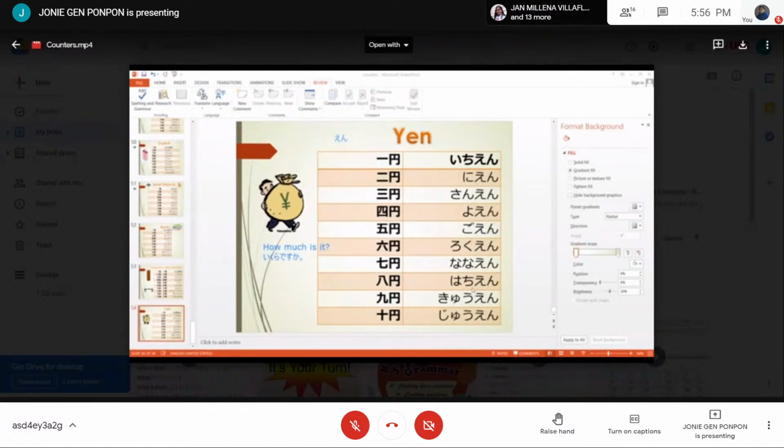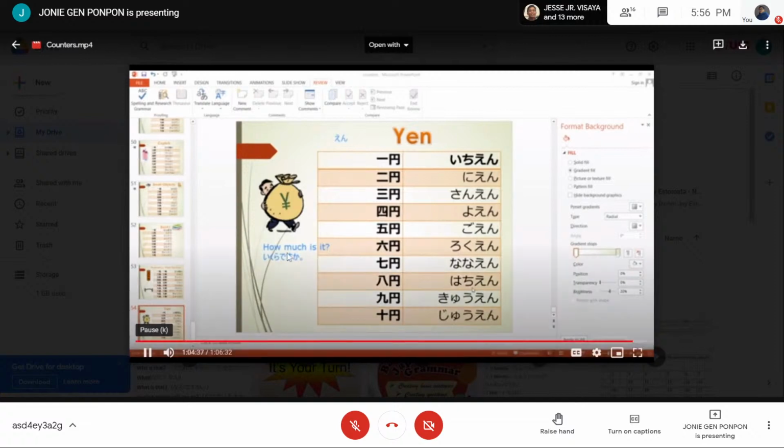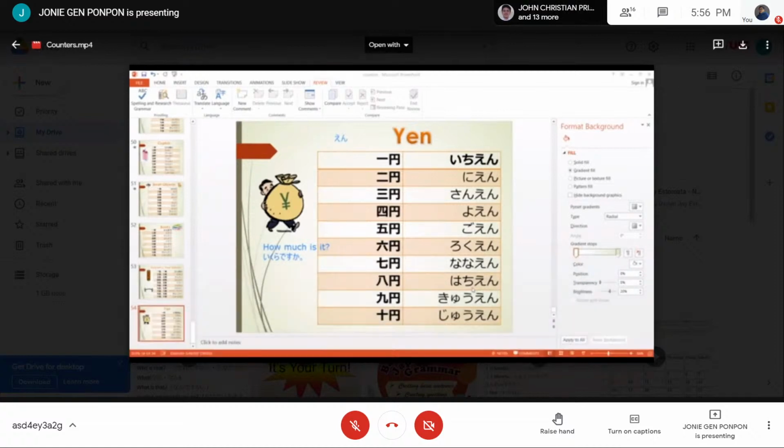Madali lang yung yen because we already learned about that in the numerals. But the question there is not nan en desu ka ha? It's ikura desu ka?